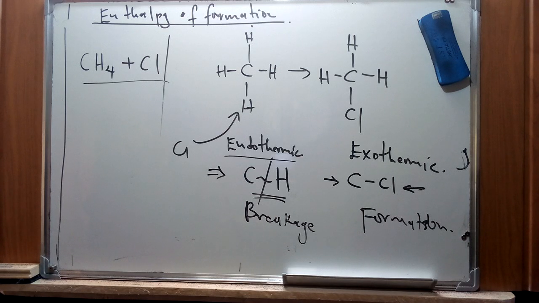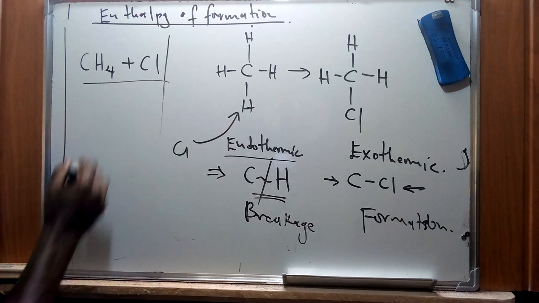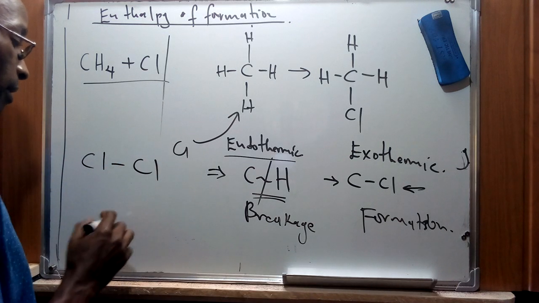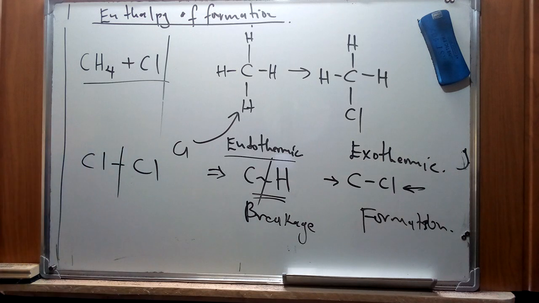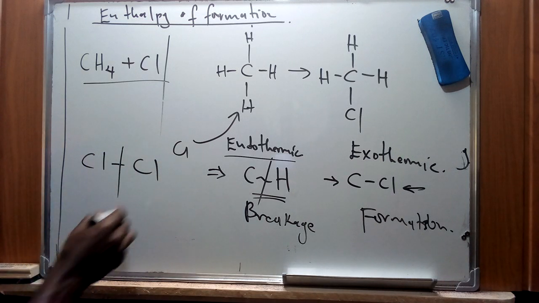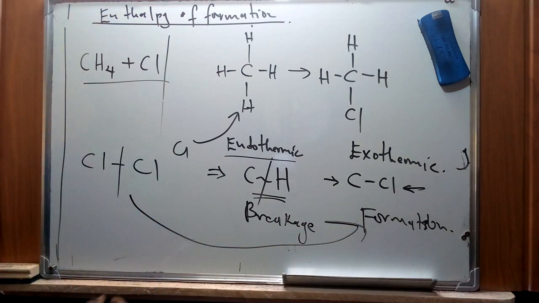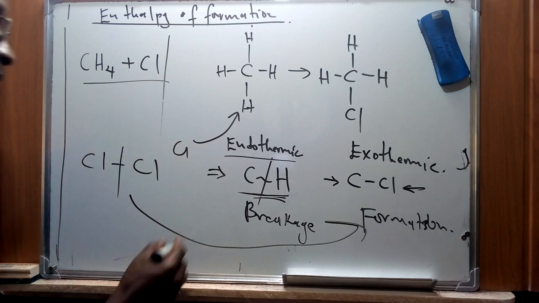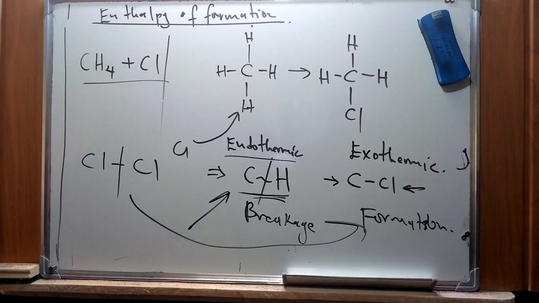The chlorine, which exists as a diatomic molecule, has strong covalent bonds between those chlorine atoms that are broken first to give free, separate species, or entities, before they join together to form products. In the same way, the carbon-hydrogen bonds will be broken. And of course, as I've illustrated, the breakage of bonds requires energy.